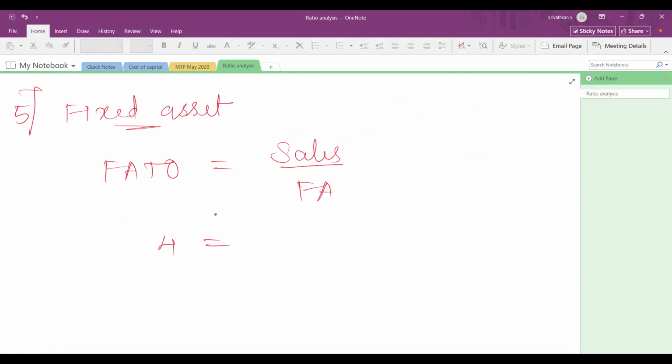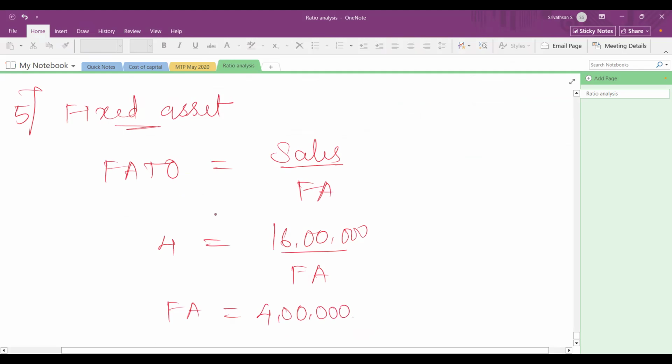Fixed turnover is 4 times. Sales is 16 lakh by fixed asset. So fixed asset is equal to 4 lakh rupees. Done?